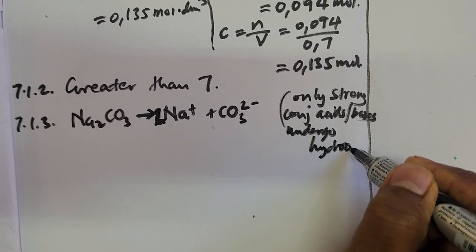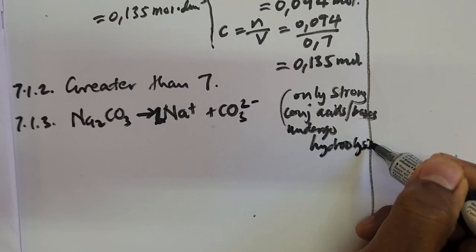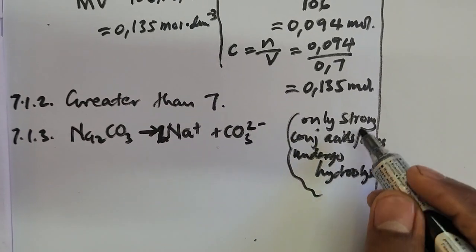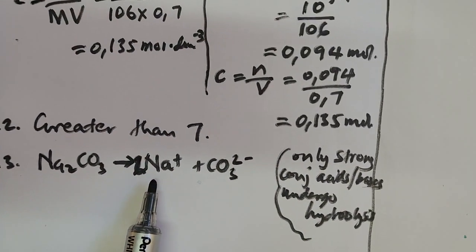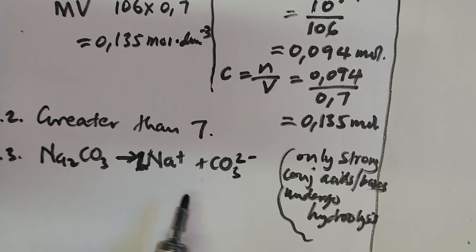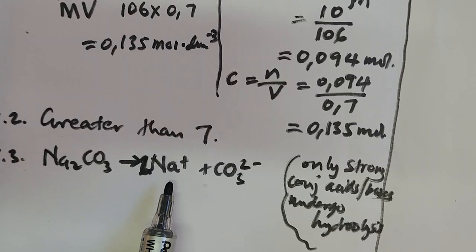Where do you get strong conjugates? They normally come from weak acids or weak bases, meaning that the ions of weak acids and weak bases undergo hydrolysis, but those of strong ones don't.